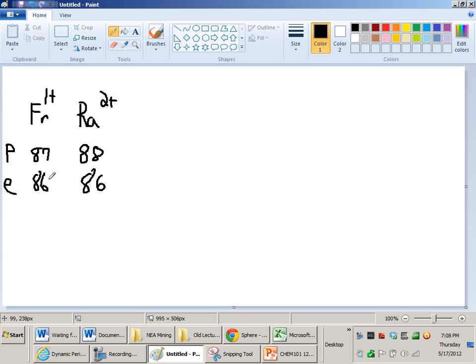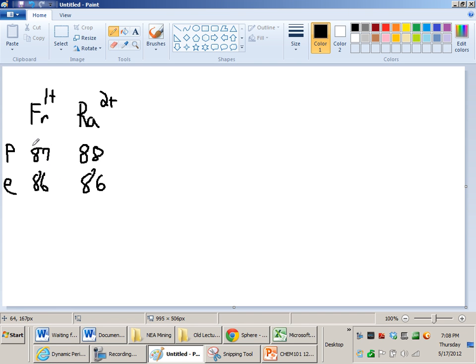This electron sees a nucleus with 87 protons. That's an 87 plus charge in this nucleus. Versus in radium, same electrons, but it sees 88 plus charges in the nucleus. So which set of electrons is going to be more attracted to its nucleus?